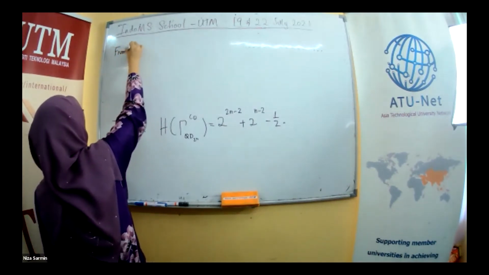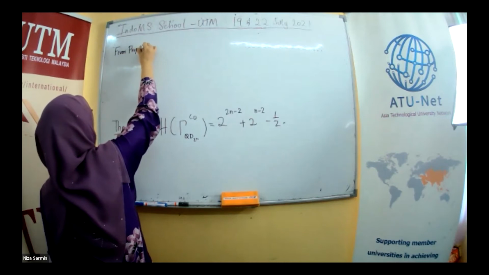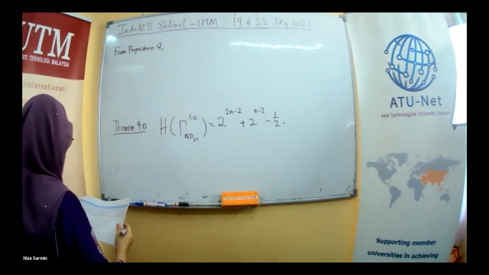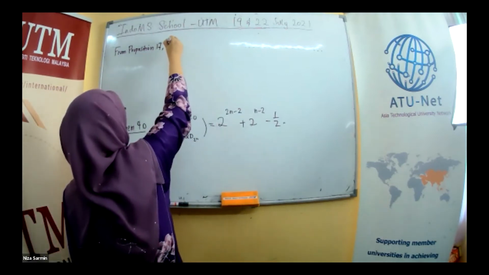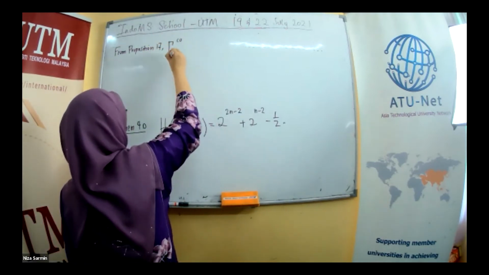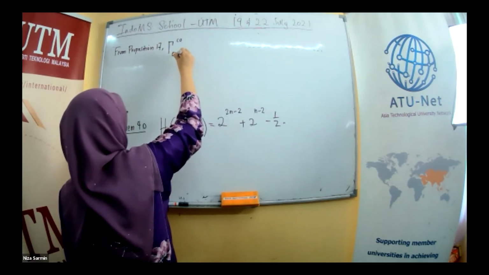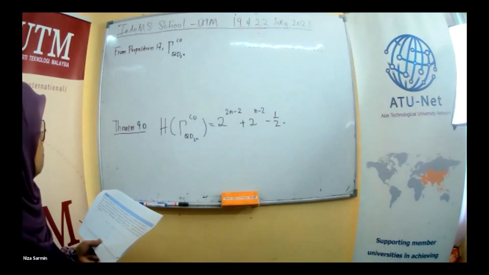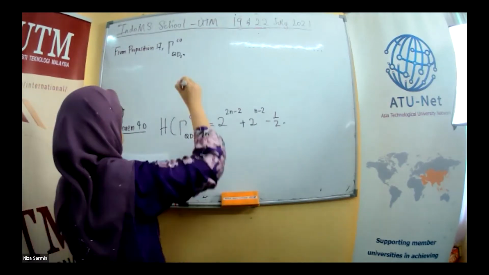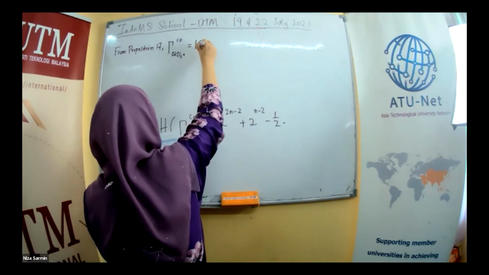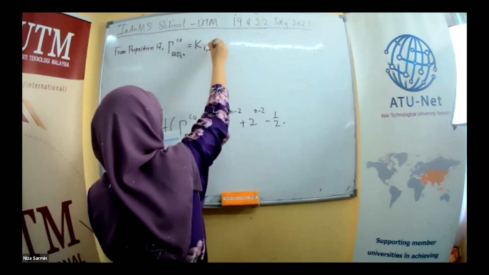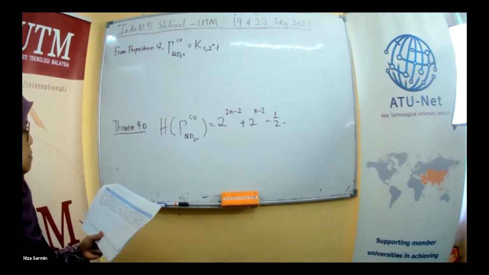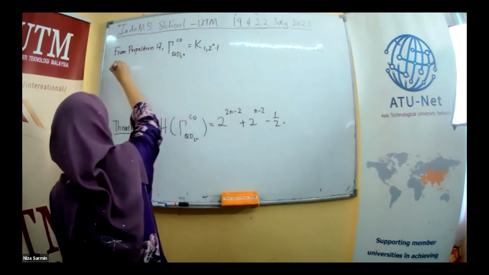From proposition 17, the co-prime graph of the group G, a quasi-dihedral group, is equal to the complete bipartite graph K_{1, 2^n - 1}. Okay.